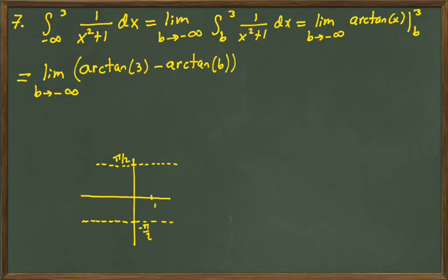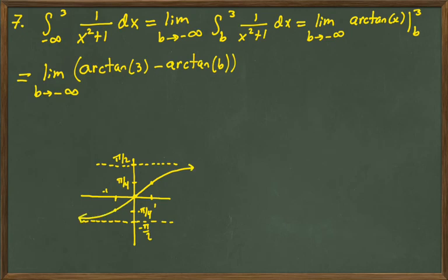The arctan of 1 is pi over 4. Okay, the arctan of negative 1 is negative pi over 4. Arctan of 0 is 0, and so it's going to look something like this.